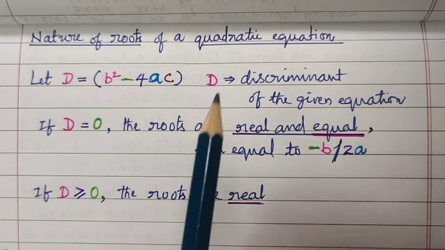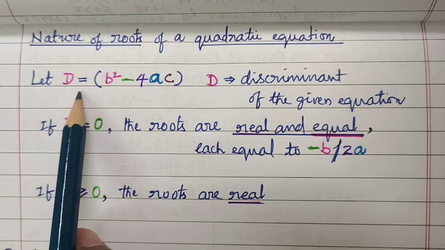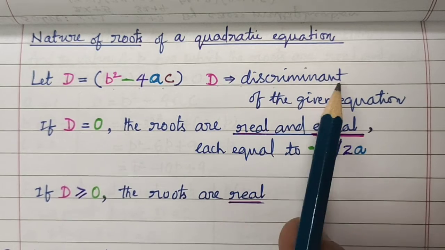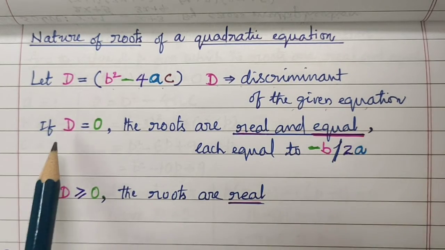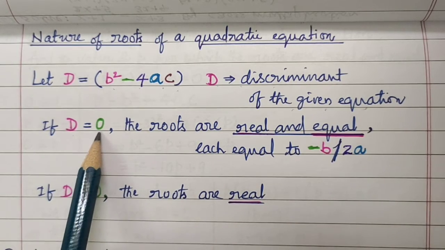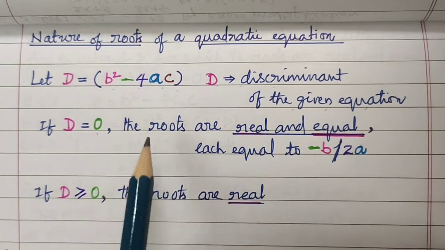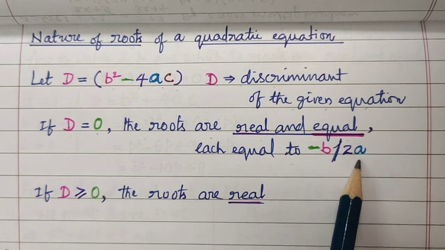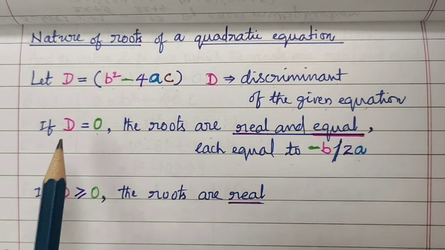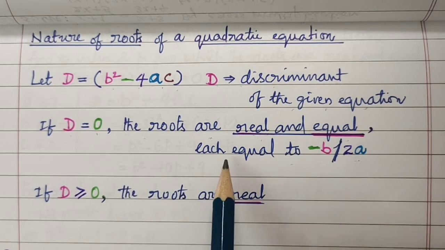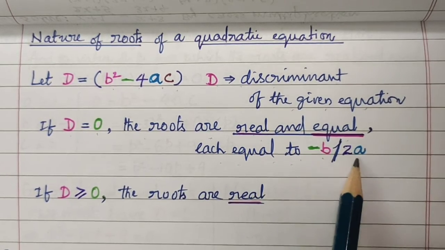Nature of roots of a quadratic equation. Let D is equal to b square minus 4ac, where D is the discriminant of the given equation. If D is equal to 0, the roots are real and equal, each equal to minus b by 2a.